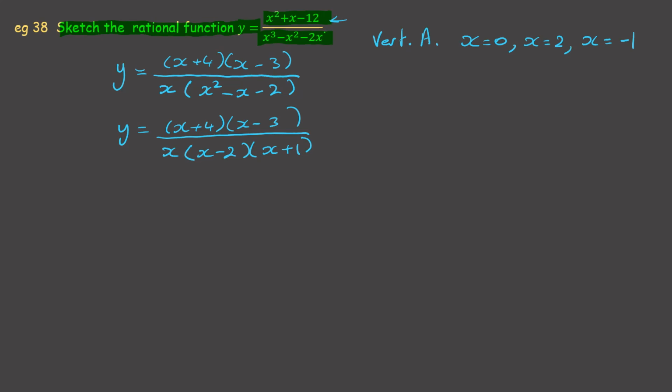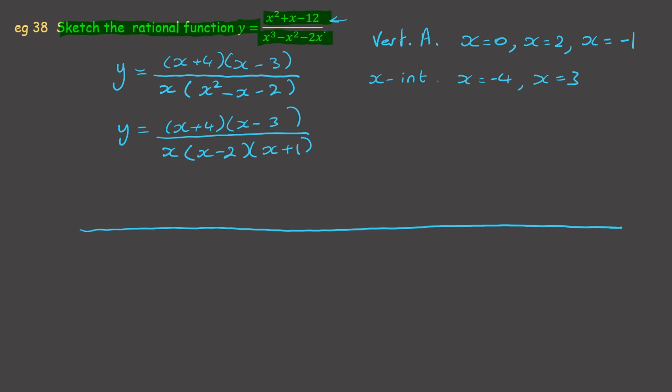We are going to have x-intercepts at x equals negative 4 and x equals 3, which we get from the numerator. Those are the values that will make y equal to 0, so we have to have the numerator equal to 0. And now we can investigate where the graph needs to be.